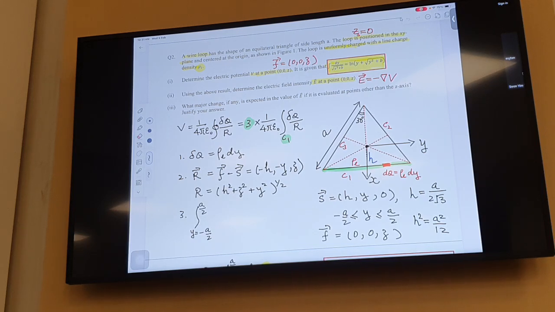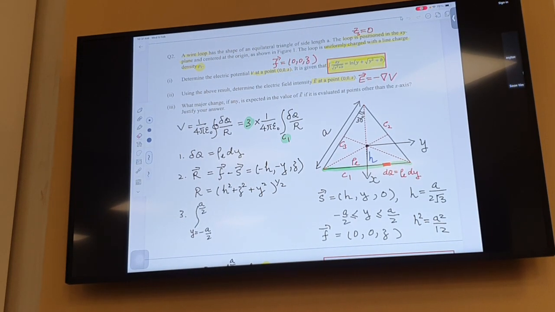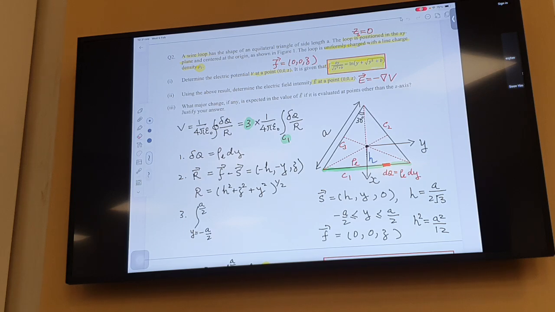Is it okay? So h is a constant. Just now we showed you that you should be able to work out the h for completeness. But you know that this one is a constant, so we call it h, x equal to h. As you move along this source point, y changes from minus a over 2 to a over 2. So we put a y here from minus a over 2 to a over 2. And with field point and source point, you do the subtraction, you get the vector r.